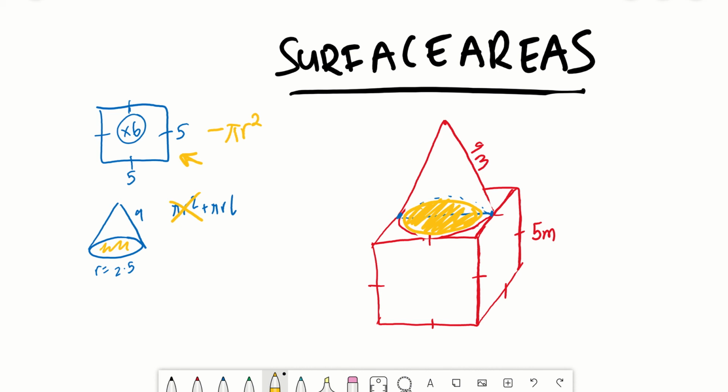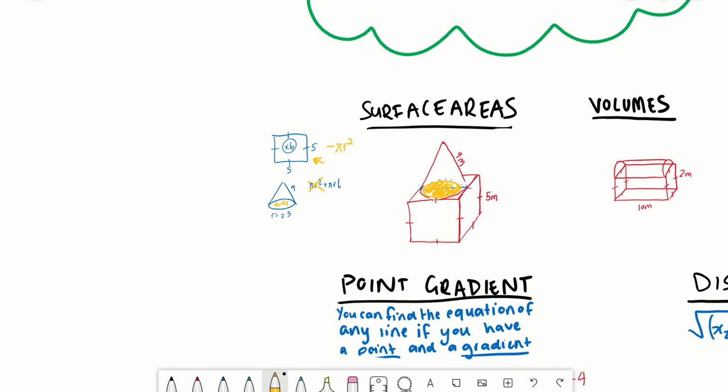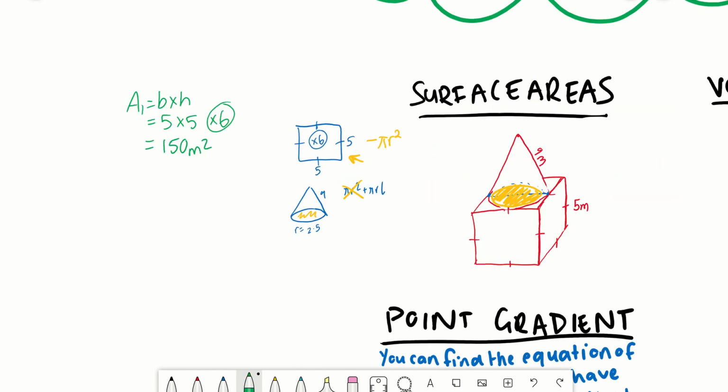So if I start working that out bit by bit, my 6 squares work out to be 150 meters squared. If I now do my area 2, or go to my cone, I'll come back to the other part. Pi rl is all I need for the cone. Gives me pi times 2.5 times 9.